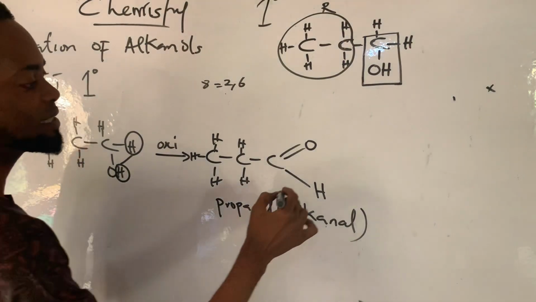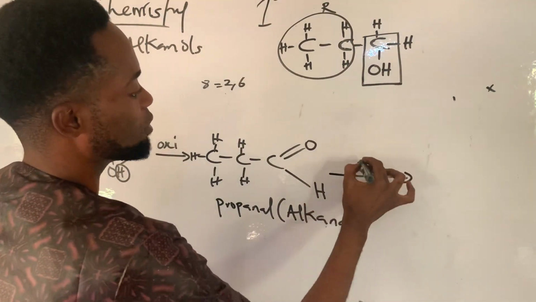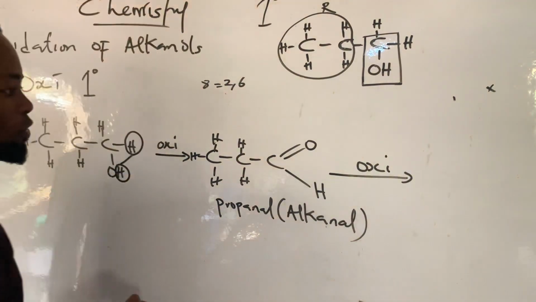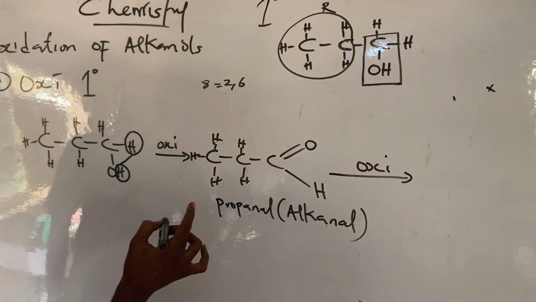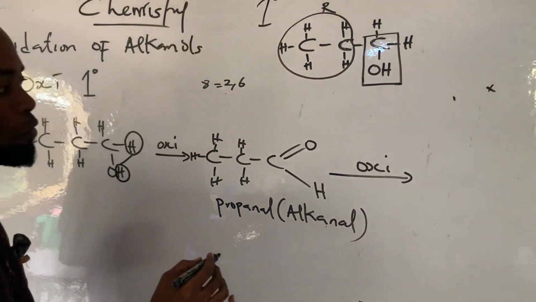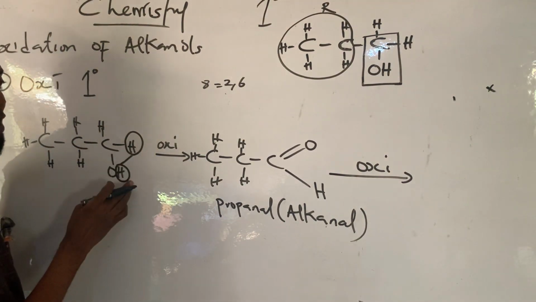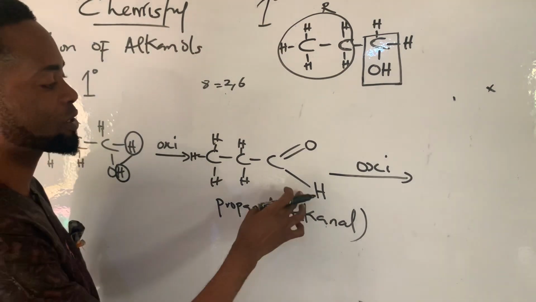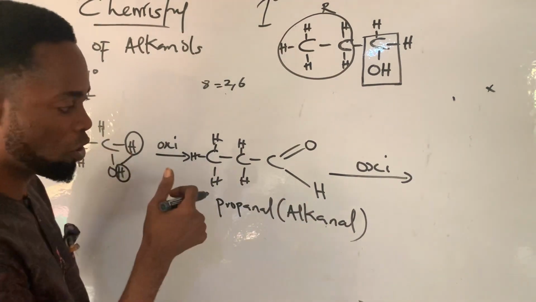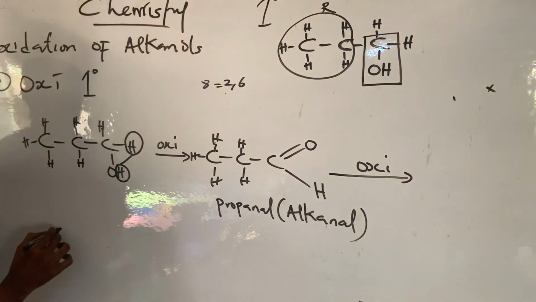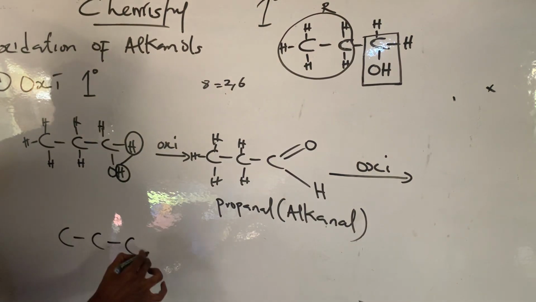Then if you oxidize this further, you are going to get an acid. This definition was oxidation as the removal of hydrogen. Here we are going to use oxidation as the addition of oxygen.